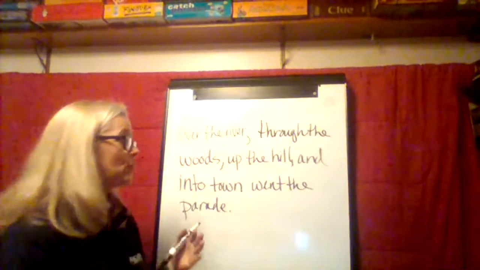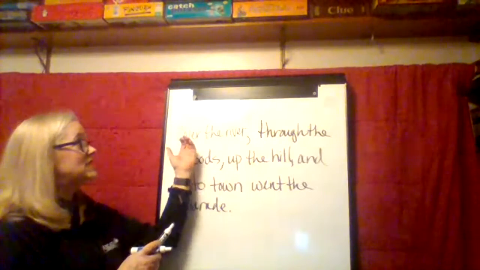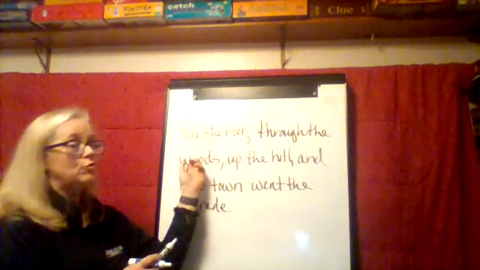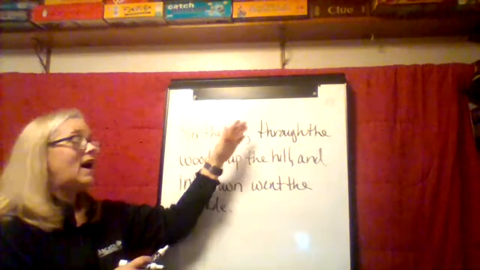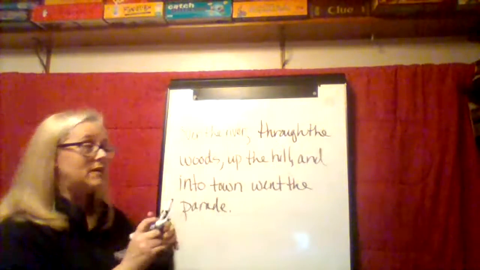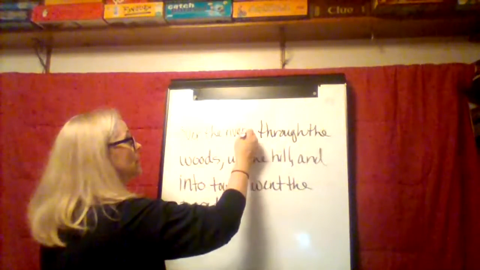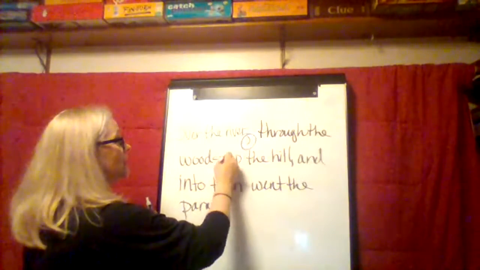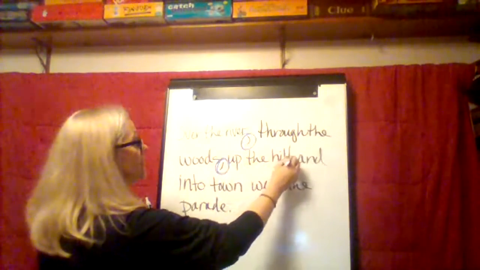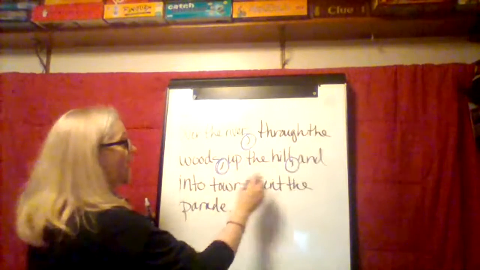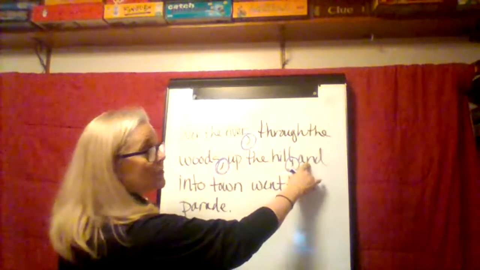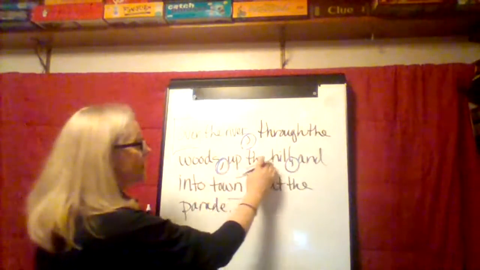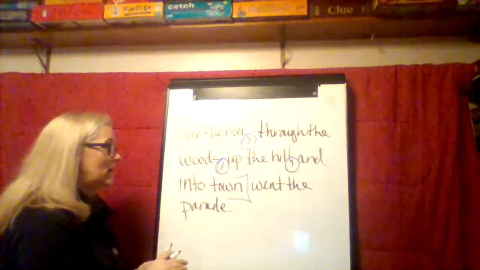If you have more than 2, if I just said over the river and through the woods, then I would not need a comma. So we have a comma here. We have a comma here. Up the hill, here's another comma. And look, I've put the comma just before the conjunction, up the hill, comma, and into town.